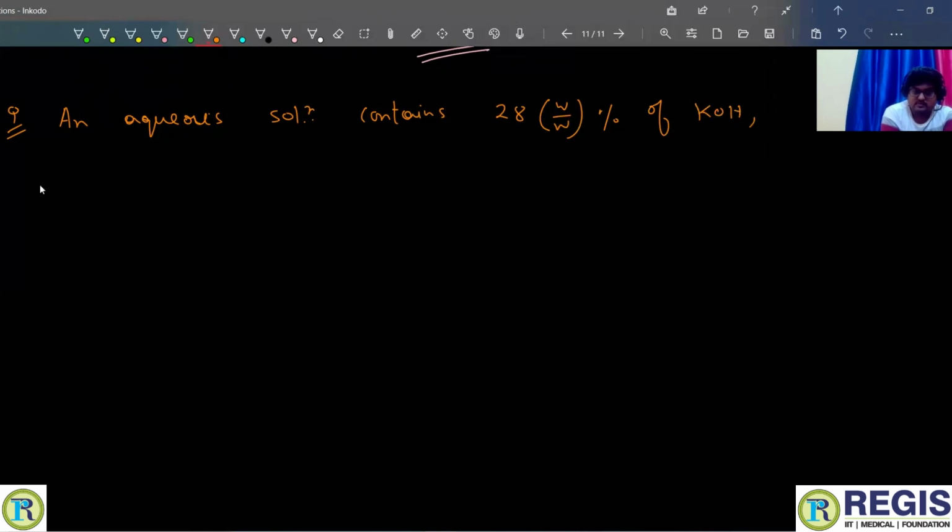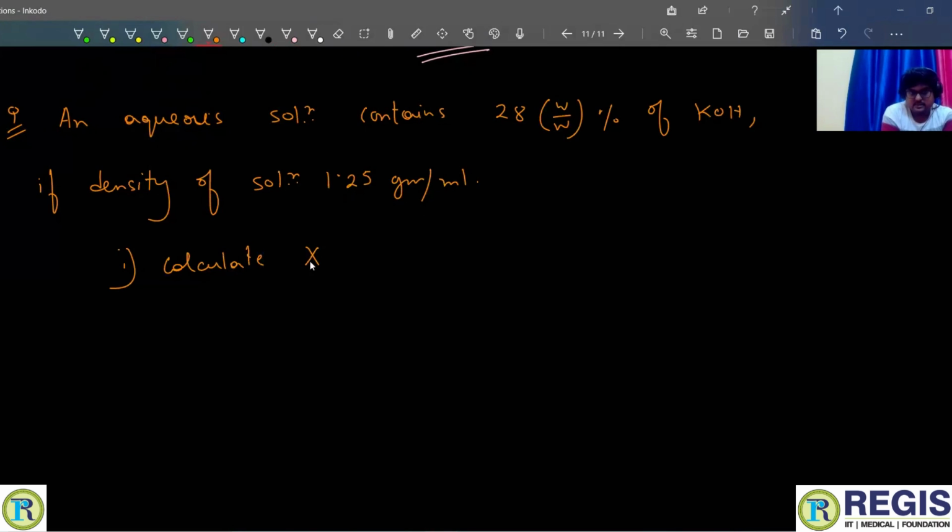Now, the density of the solution is 1.25 gram per ml. Now what you have to calculate? Calculate x of KOH. Second, you have to solve weight by volume percent. Third, you have to solve molarity. Solve it quickly.